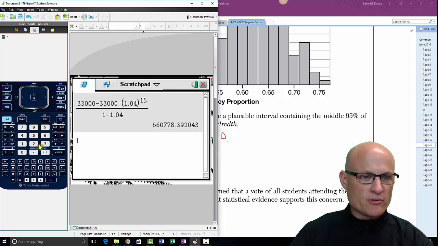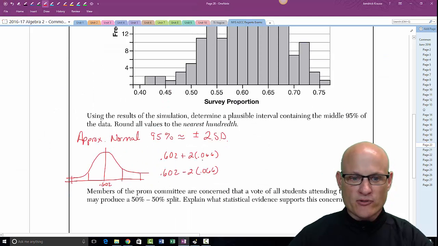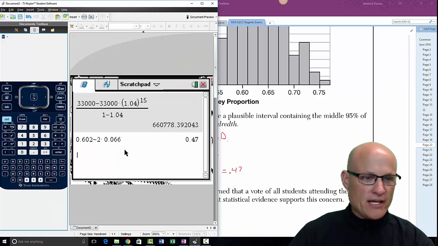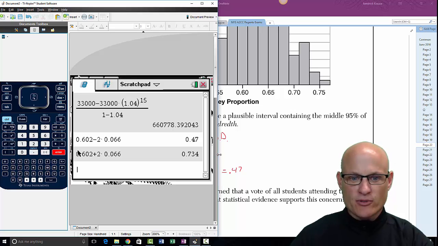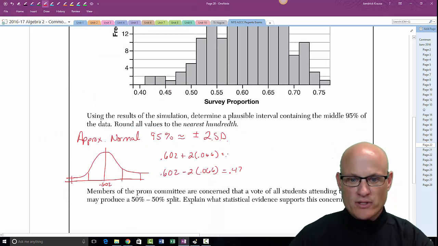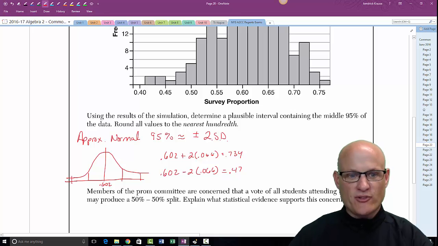Grab our calculator. We'll say 0.602 minus 2 times 0.066. Enter. 0.47. And then we'll do the same thing with plus: 0.734. The question says to round all values.